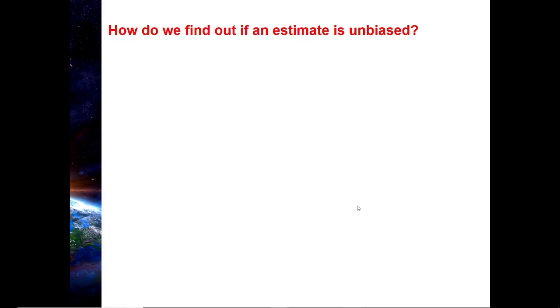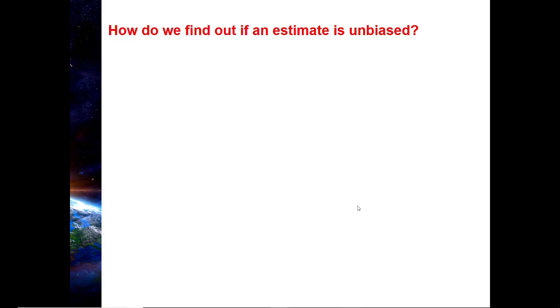Please note that only estimates can be biased. All right? There's no way that a parameter can be biased. Remember, a parameter is a statistic calculated on the entire population.